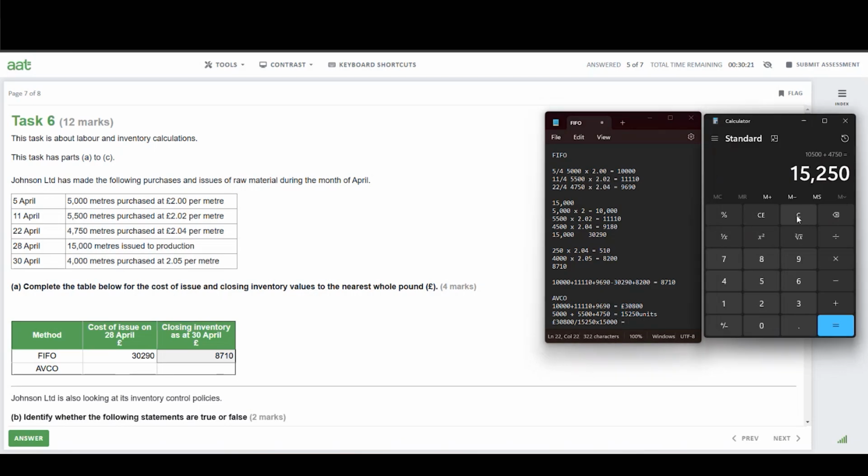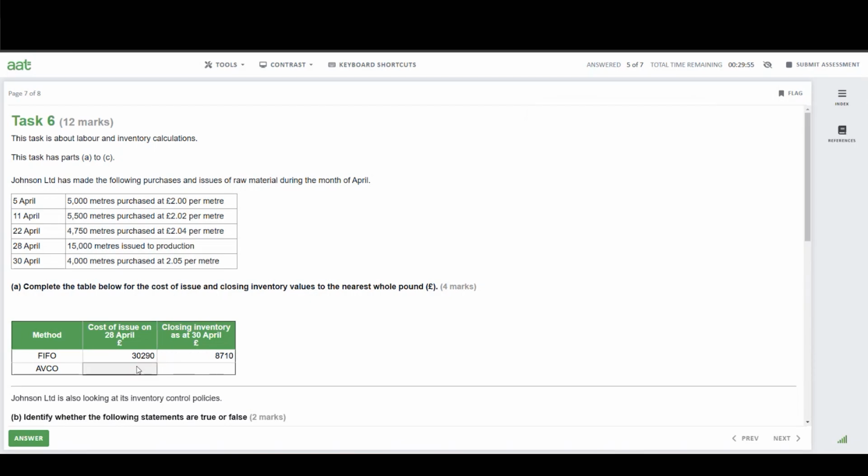Let's calculate that out. 30,800 divided by 15,250 multiplied by 15,000 meters. That gives us an issue value of 30,295. So let's pop that in, 30,295.